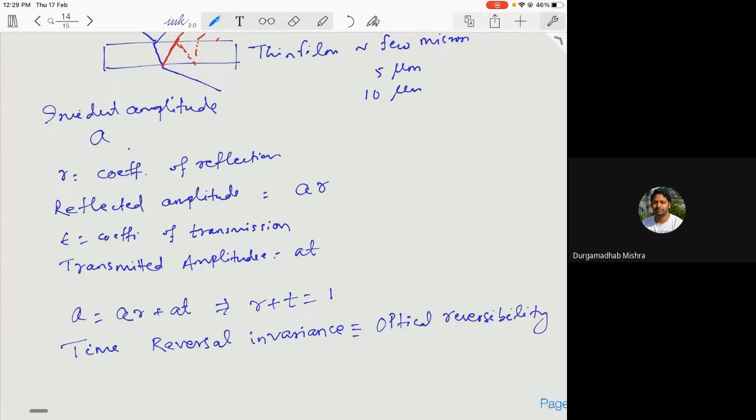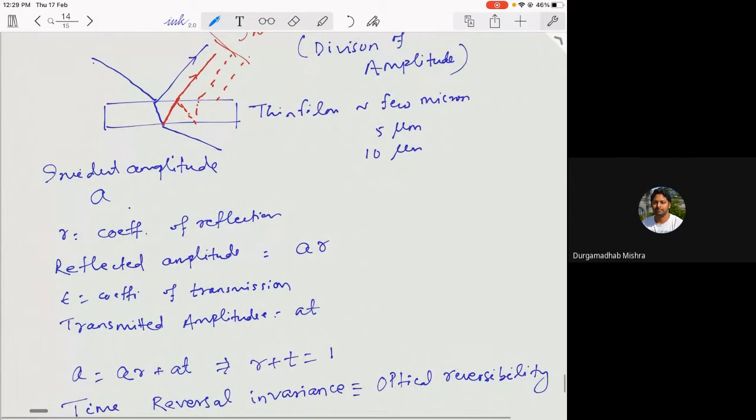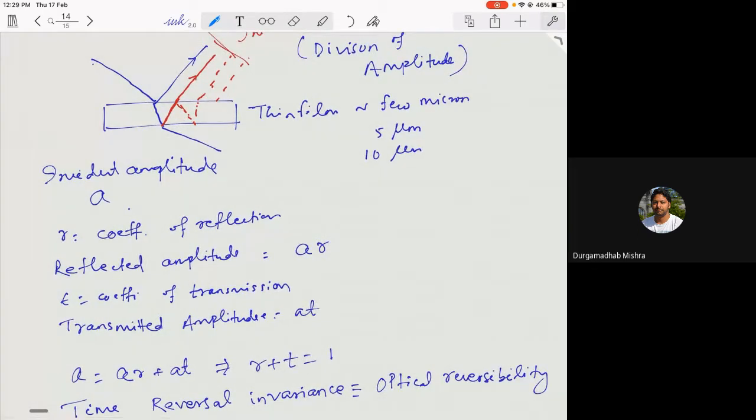That means if I now take this and change the direction of propagation of light, so instead of saying this is incident on this and going like this, the light is incident like this, it should follow back the same path. There should not be any change in that.